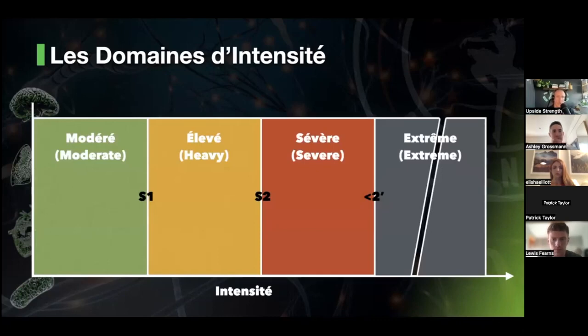If you read exercise physiology research, you'll find things like the moderate exercise intensity domain, heavy domain, severe domain, and extreme domain. The severe and extreme are pretty close to one another. I'll quickly explain the difference between those two. But I think the 2 big distinctions to understand are the transition between moderate and heavy, so let's call it the freezing point, and the transition between heavy and severe, so the boiling point of water.